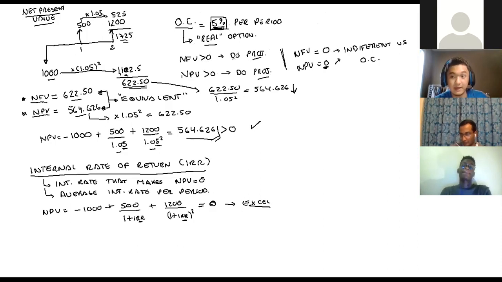Make sense? Now, guys, before moving to the internal rate of return, what is the decision rule with the internal rate of return? It is, and you're going to understand this in a minute, it's a rate, an interest rate. If this number is greater than the opportunity cost, then do the project.